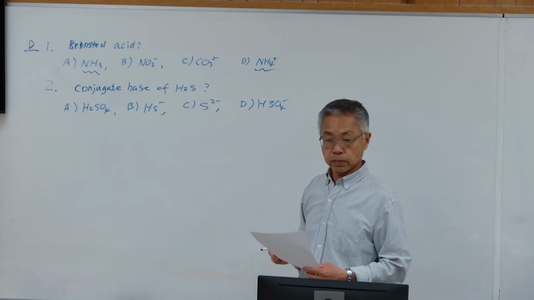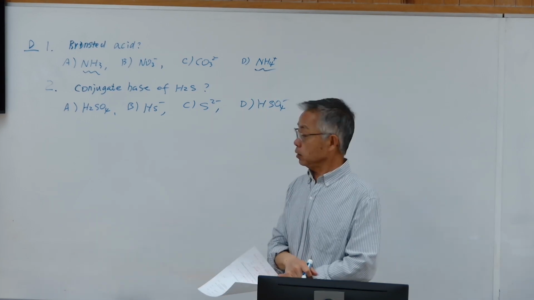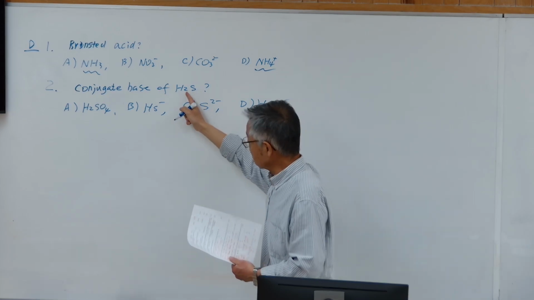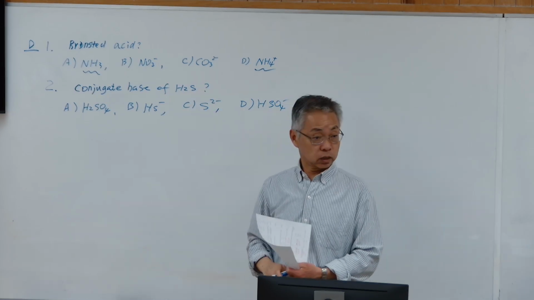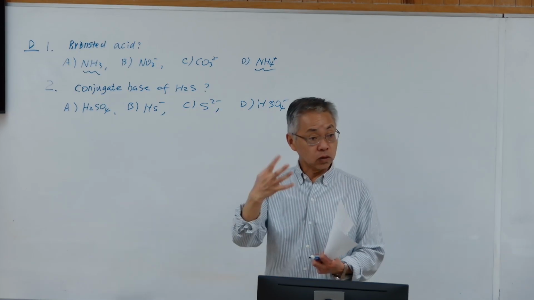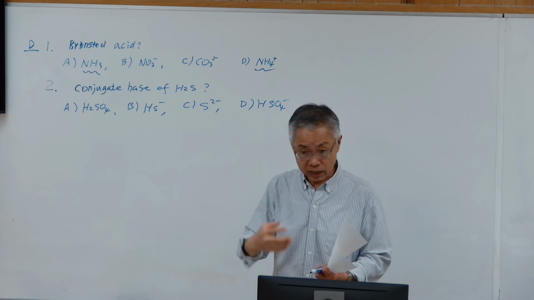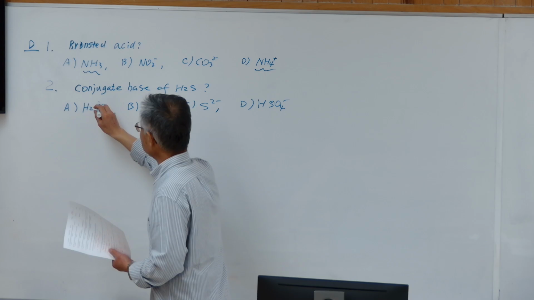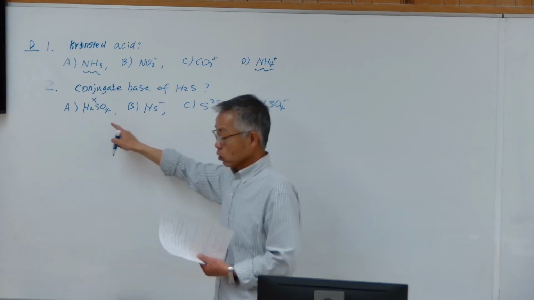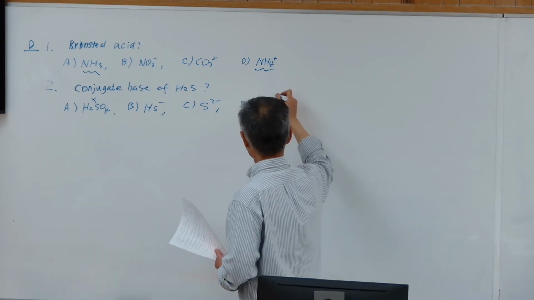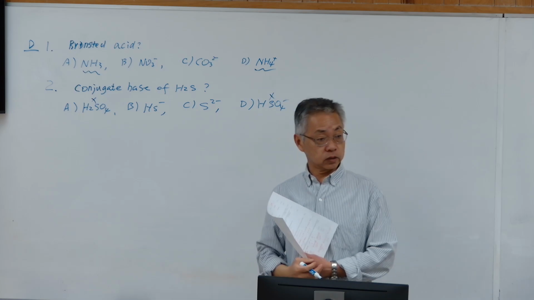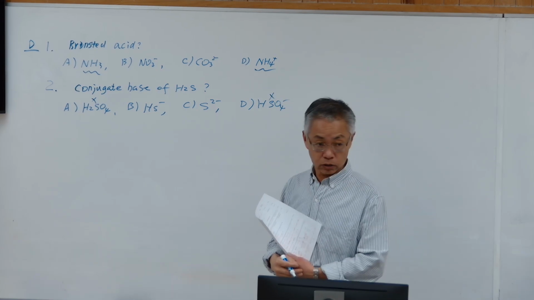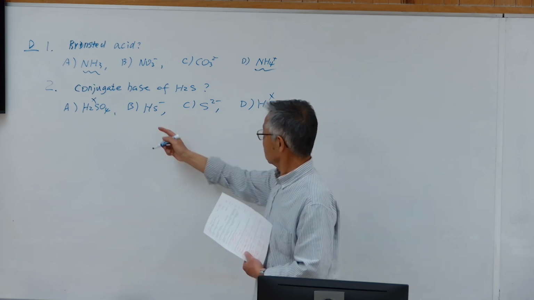First, the acid and base are a conjugate pair, right? So the conjugate base of H2S means H2S lost one hydrogen ion. H2S is the acid. Lose one hydrogen ion and it becomes the conjugate base, right? So clearly these two cannot be. This is H2SO4. This is HSO4 minus. This is not directly related to H2S because you have extra elements there. These two cannot be.